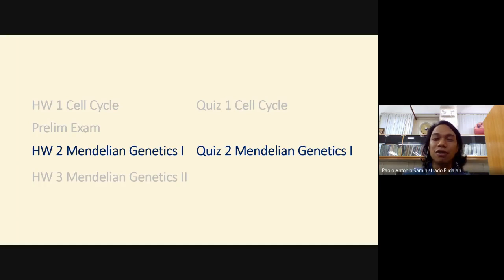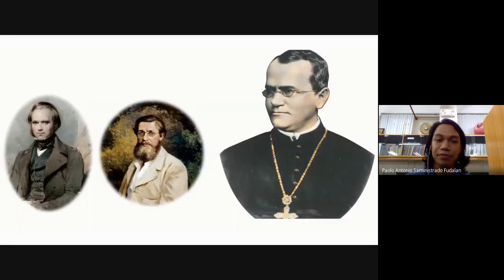So this morning we are going to focus a review on Mendelian Genetics Part 1. As you know, just to introduce a bit, Gregor Mendel's discovery actually paved the way for the improvement of the theory of evolution by Charles Darwin and Alfred Russel Wallace.